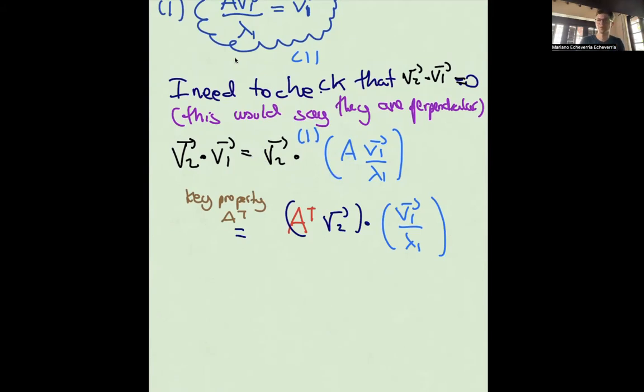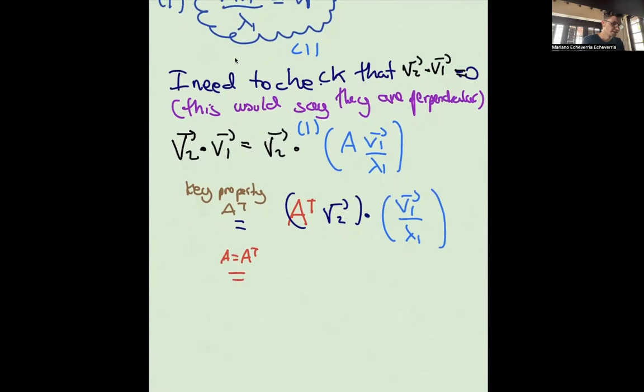And why is that beneficial? Because A is symmetric, so A equals its transpose. Remember, A equals A transpose by assumption because it's symmetric. So this actually gives you A v2 dot v1 over lambda 1.